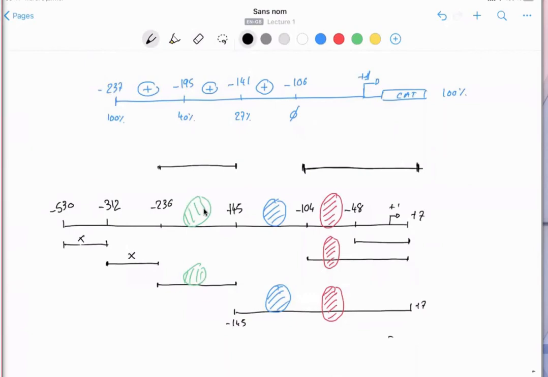It means that the site recognized by the green protein is totally different from the site recognized by the red protein. So technically, the red protein is different from the green, and the red protein recognizes a sequence that is different from the sequence recognized by the green.